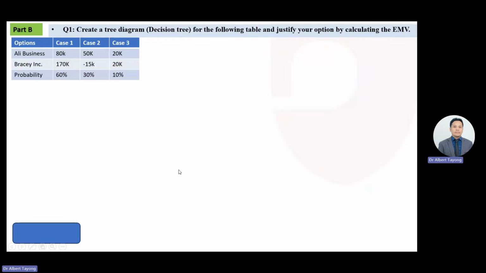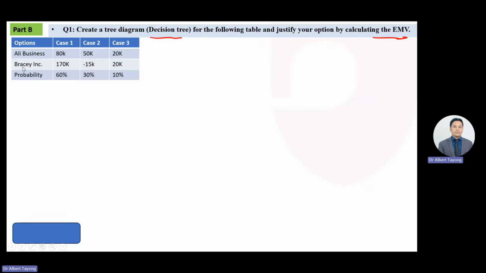Here, you're going to create a tree diagram, or we call this a decision tree, using this table. And we're going to calculate the expected monetary value. So some students are confused here actually how to start. It's very simple. Don't be confused even if the rows and the columns are switched.